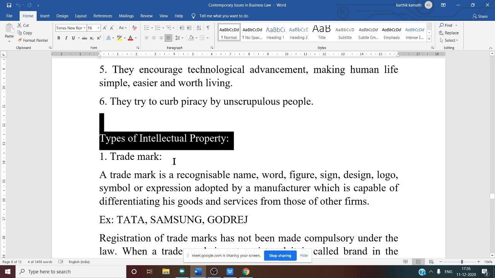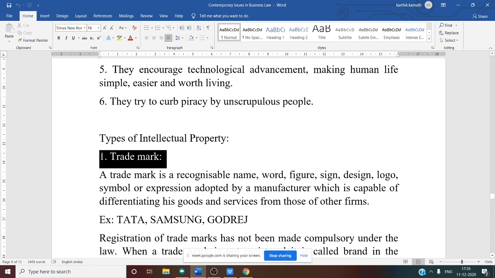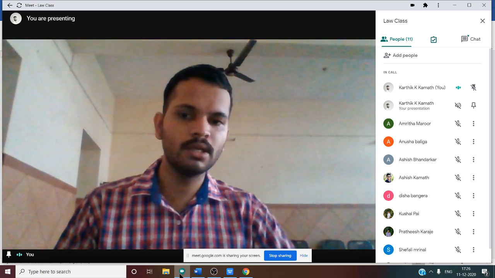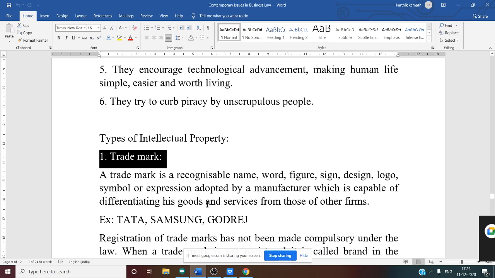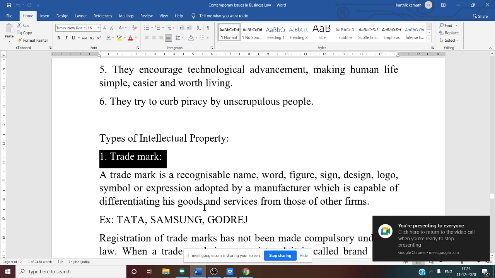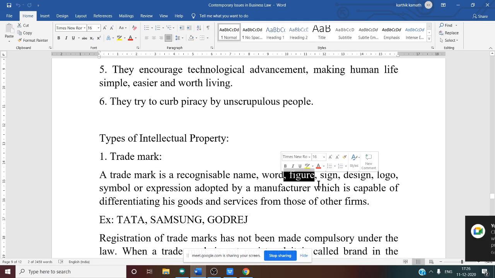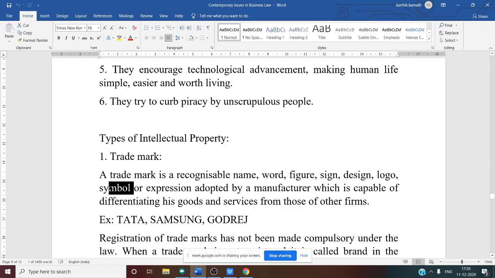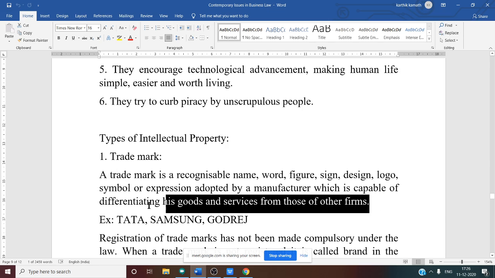So the first one is a trademark. What do you mean by trademark? A trademark is some recognizable name, some reputed name, or it may be a word, a figure, a sign, a design, logo, symbol, or expression adopted by the manufacturer which is capable of differentiating its goods and services from those of other firms.